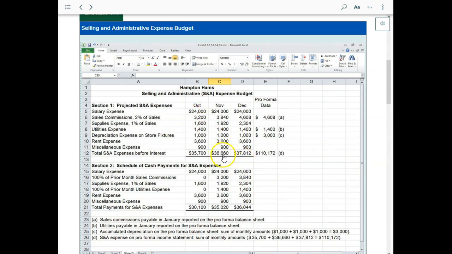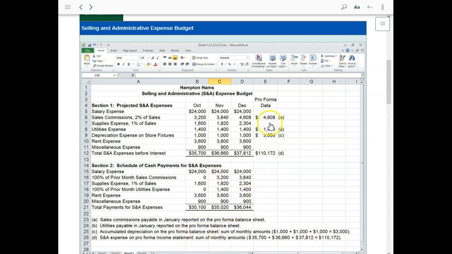But again, this is an accrual basis estimate of your selling administrative expenses. This is the cash flow related to that. So just because they have an expense one month, like commissions, and it belongs in this month, doesn't mean we're going to pay the cash that month. It's not paid out until November.